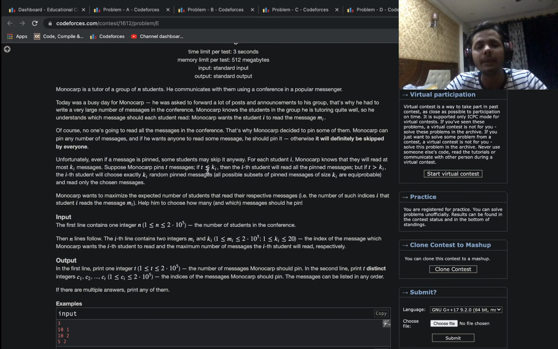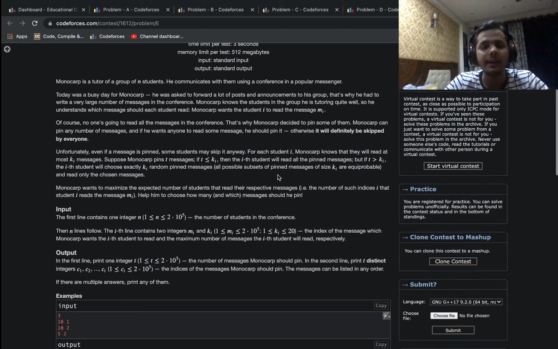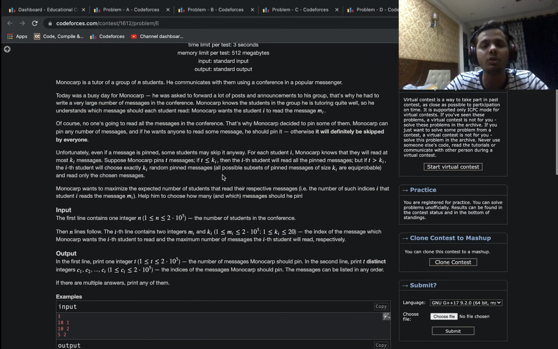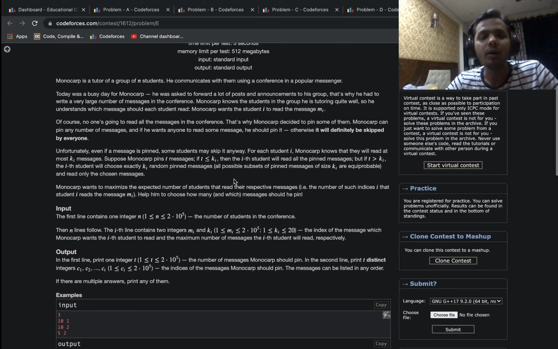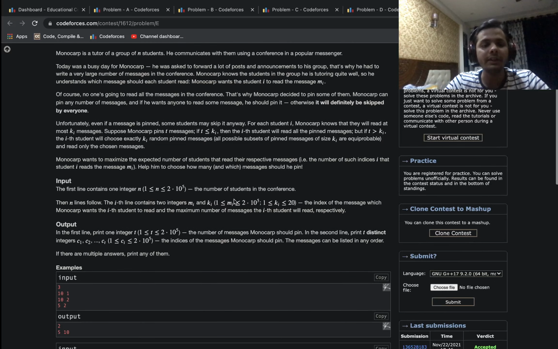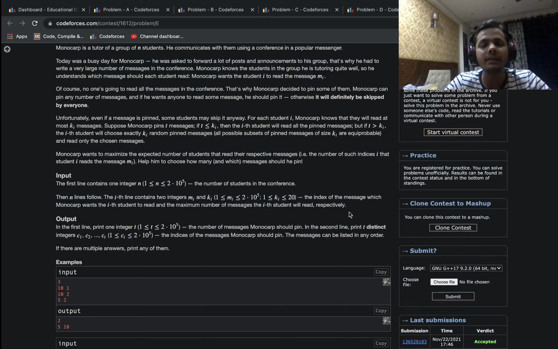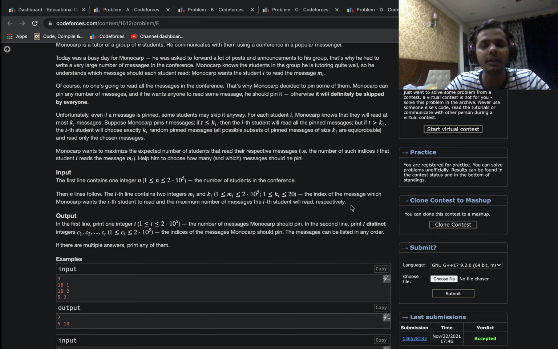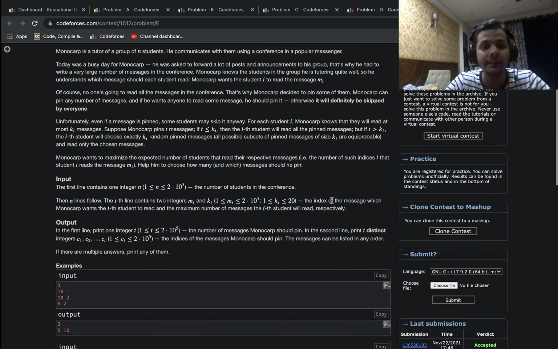But if the number of pinned messages exceeds k_i, then out of all those t messages that were pinned, he will just randomly choose a subset of k_i messages and read them. Also, for each person i, there is a designated message, and that is m_i. So the professor wants the ith student to read the m_ith message, right?